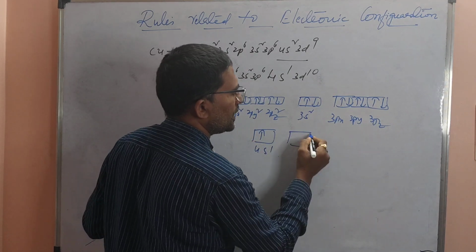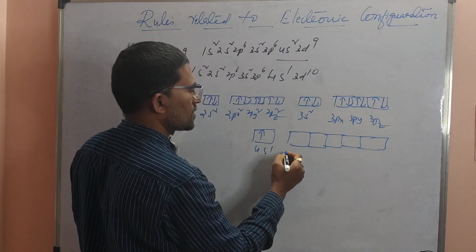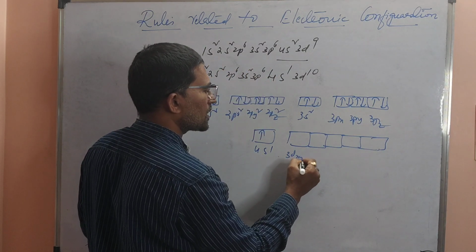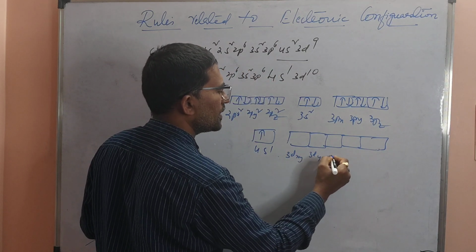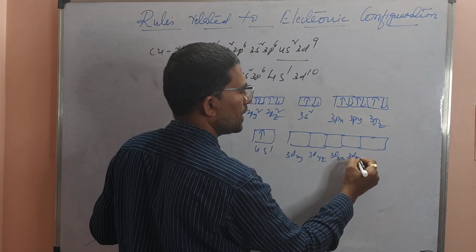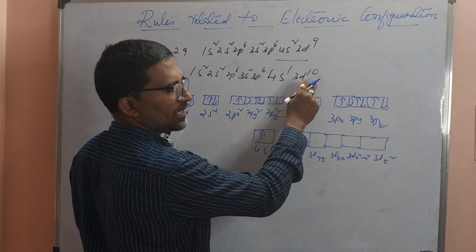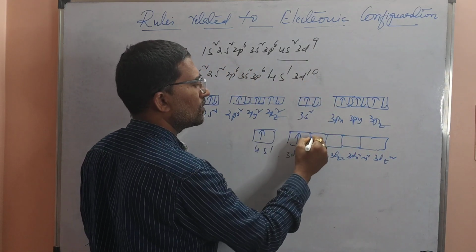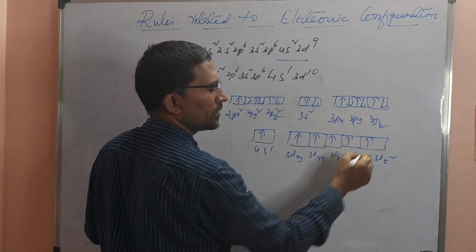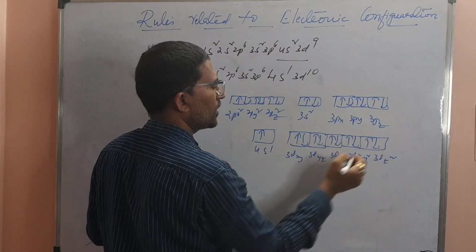Next we have the d orbital. We know that d has 5 degenerate orbitals: 3dxy, 3dyz, 3dzx, 3dx square minus y square, and 3dz square. 10 electrons are there, right? So first 1, 1, 1, 1, 1, then only the pairs, because we are following Hund's rule.